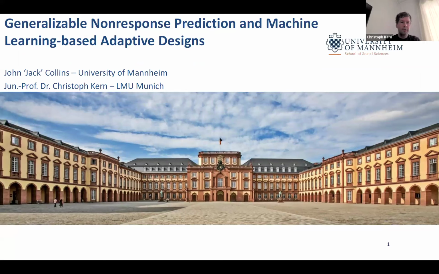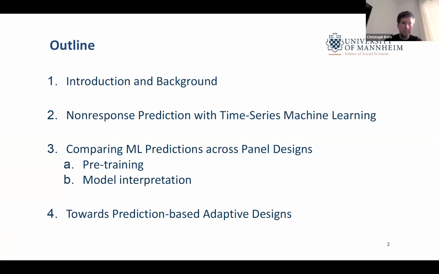We will be talking about generalizable non-response prediction and machine learning-based adaptive designs, and I will take over the first broader introduction part, where we'll give you some context and background, and then Jack will be taking over for parts 2 and 3, where we'll first talk about non-response prediction in panel survey settings using novel advances in machine learning, specifically time series machine learning techniques and neural networks.